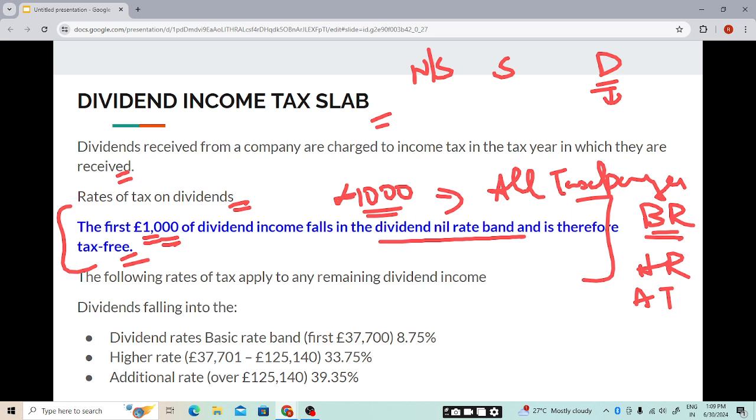But in case of dividend, £1,000 is available to all taxpayers, whether his total taxable income is falling in the basic rate band, higher rate or additional rate. Now we will be studying the tax rates for the dividend. The tax rates for the dividend are very different from the non-saving and savings income.